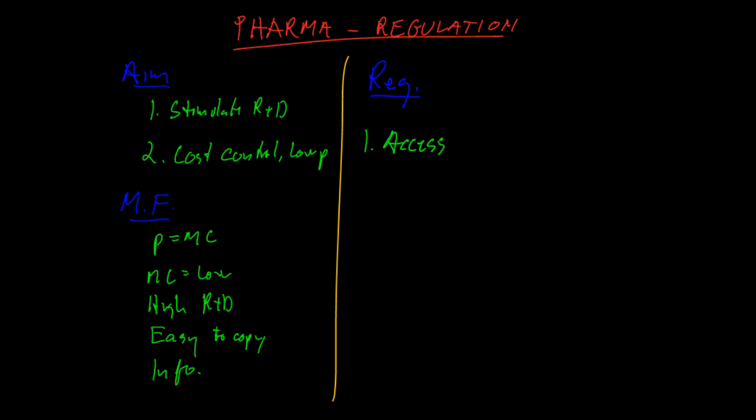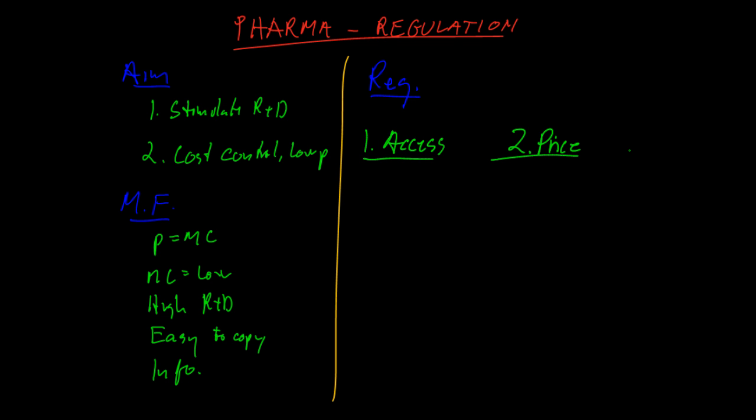You have to get approval in order to get to the market. That's the first kind. The second kind of regulation we have in this market is price regulation. It doesn't have to be price, it could be profit as well, but it's just regulation. You can sell something, but you're not free to determine exactly how much you're going to charge for it. So these are the two kinds of regulation that I'm going to discuss.